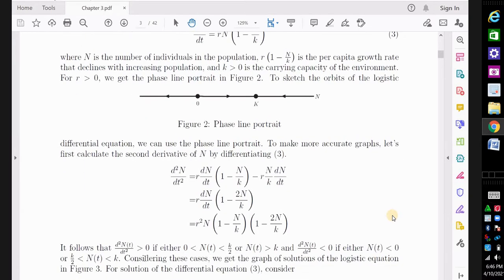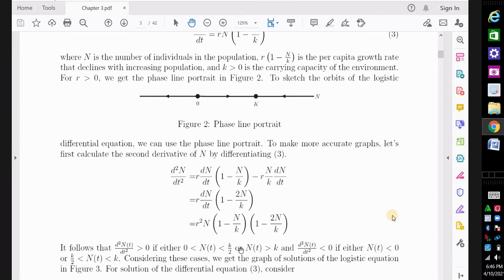For this second derivative d2n by dt square, this is greater than 0 for n between 0 and k by 2. When n is between 0 and k by 2, this is greater than 0.